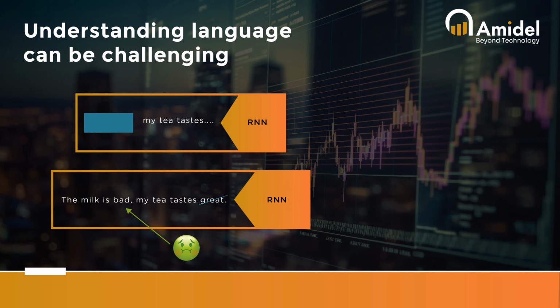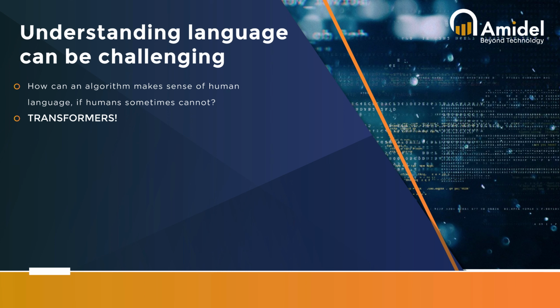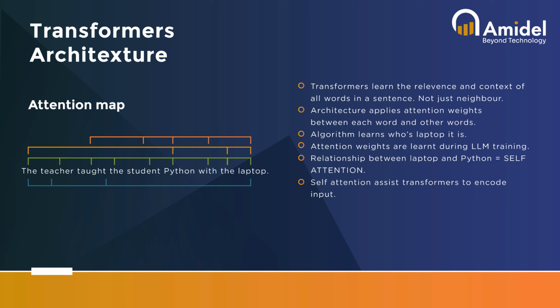Back in the day, they used to use very poor models. So now what we have is transformers. All right, so transformers, don't mind my little art here. I couldn't find a clever way of doing a map. But what we have here is an attention map. Transformers have the ability to create a relationship between each word and other words and find the relevance of each word within the sequence of a sentence, and also create some sort of context to what exactly the sentence is saying.